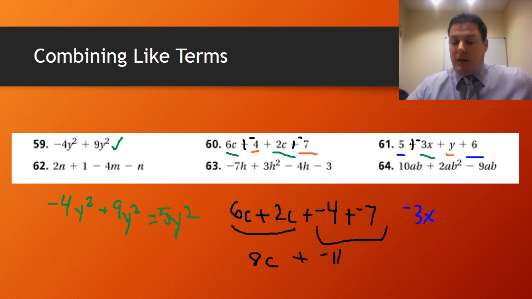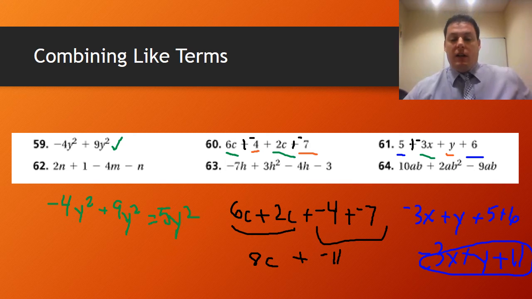Just by habit, I always put x first because it's the earliest letter. Since x comes before y, I put x first. And then the constants should always come at the end. There's only one x and only one y, so the only thing you can combine is 5 and 6 to make 11. That's our simplified answer.